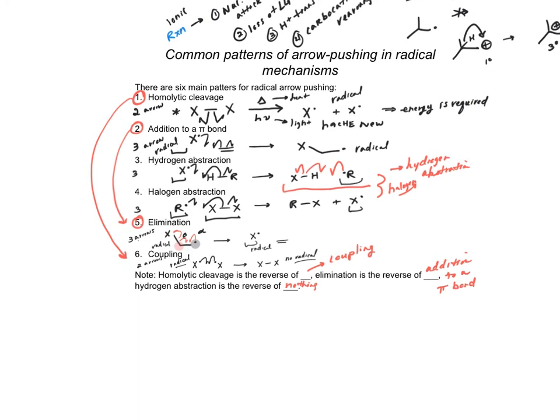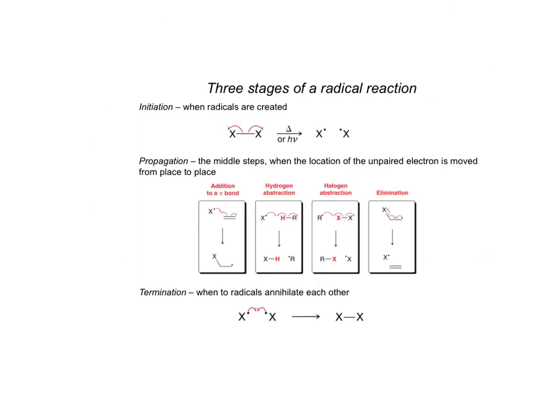Okay, so those are the 6 basic patterns. Those are the 6 basic mechanistic steps that you guys are going to need to be aware of. But what's nice is that with respect to all radical-based reactions, they all follow a couple of guaranteed different steps.